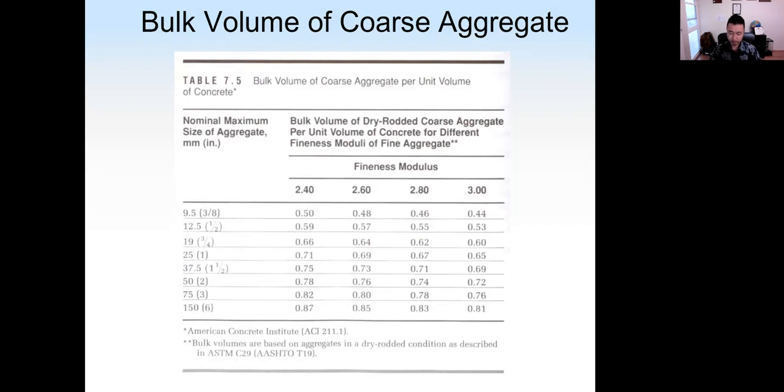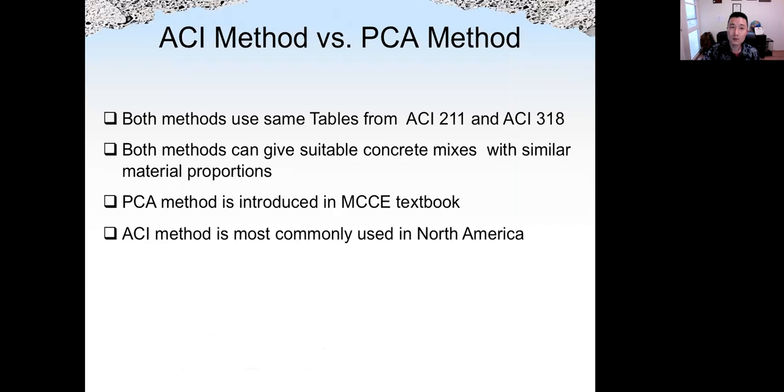Then the only remaining unknown will be how much sand is needed, if we do not consider admixtures. For normal concrete, we do not consider admixtures. All right, so these are the tables we need when we design a normal concrete.